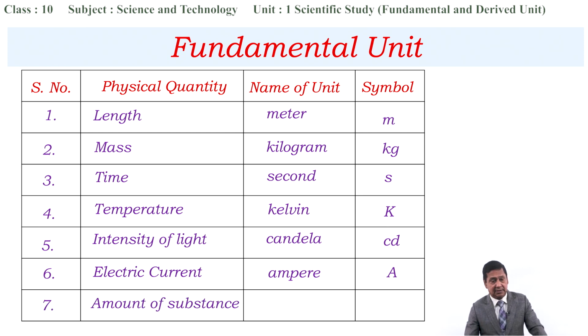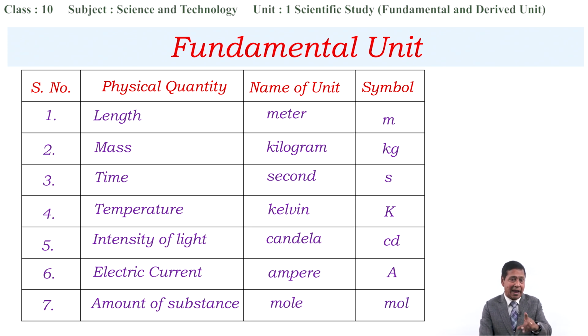Now seventh, amount of substance. Amount of substance is measured in mole and the symbol is mol. Here all the letters are small. Here A is capital, K is capital because these are symbols of units taken from the names of scientists, that's why they are capital. Otherwise we would use small letters.